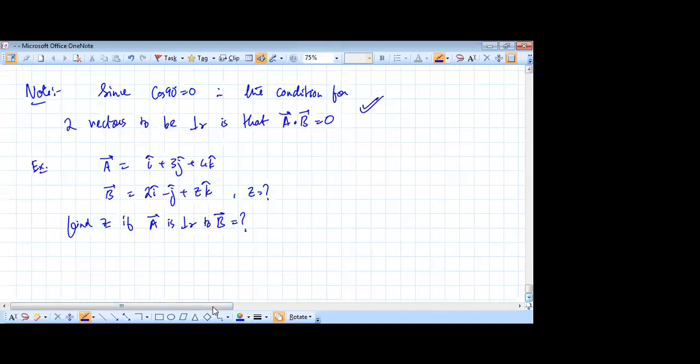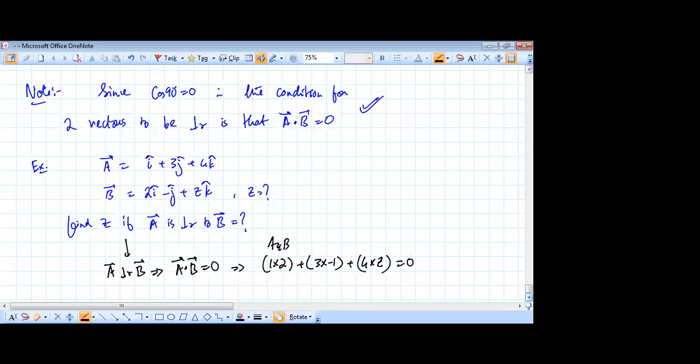So what we'll say is that, okay, if the vectors are perpendicular, A is perpendicular to B, implies that A dot B should be 0. So further, that implies that 1 into 2 plus 3 into minus 1 plus 4 into z should be 0. The ax bx plus ay by plus az bz should be 0. This implies this.